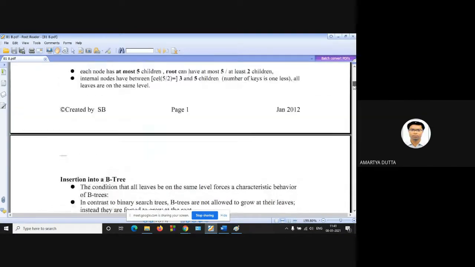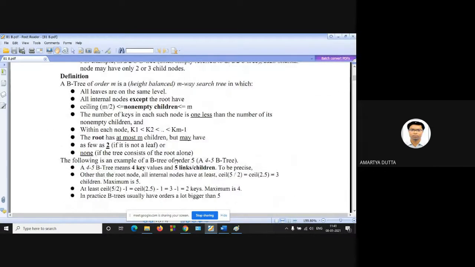All leaves are on the same level. The internal nodes except the root have ceiling of m by 2 non-empty children, up to at most m children.